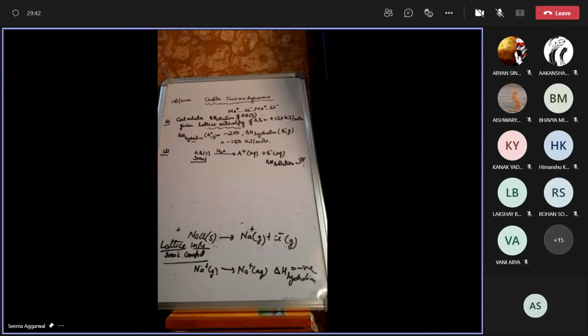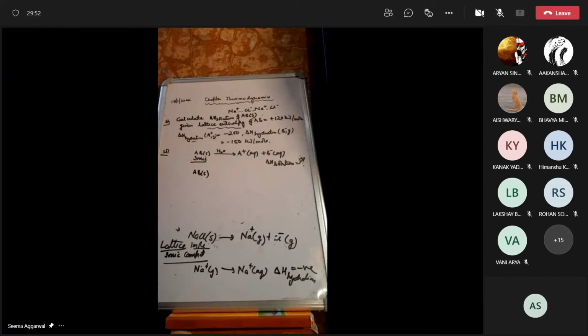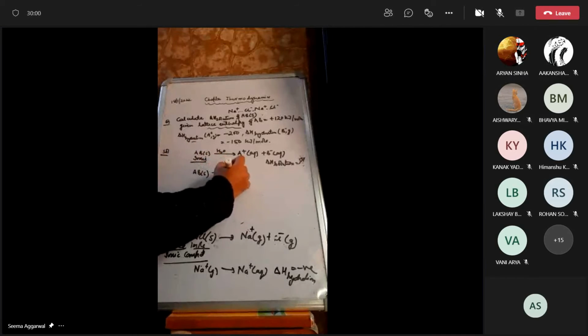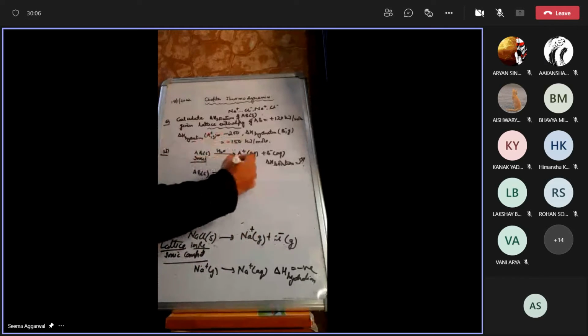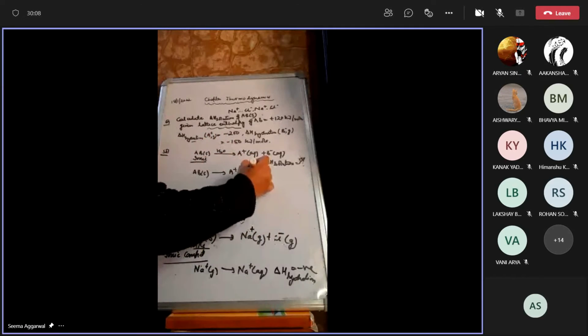Now what we are given is the lattice enthalpy of AB. What is the meaning of lattice enthalpy? It is the energy required to convert an ionic compound into gaseous ions. This is the lattice enthalpy when 1 mole of an ionic compound is converted into its gaseous ions. The equation you have to form on your own.